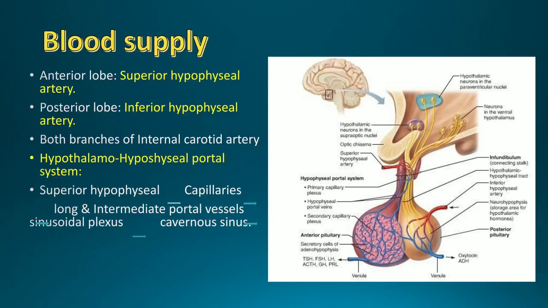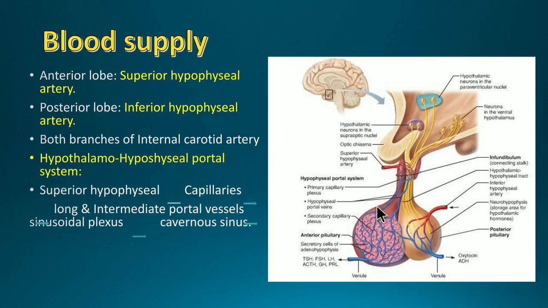Next, the posterior part is supplied by the inferior hypophyseal artery, which breaks into capillaries and drains separately into the cavernous sinus. There are also short portal vessels connecting the sinusoidal capillaries with the plexus of the inferior hypophyseal artery, thereby there is a communication.